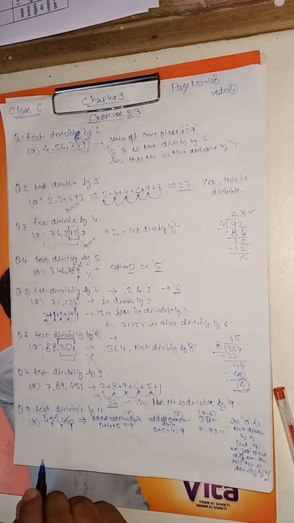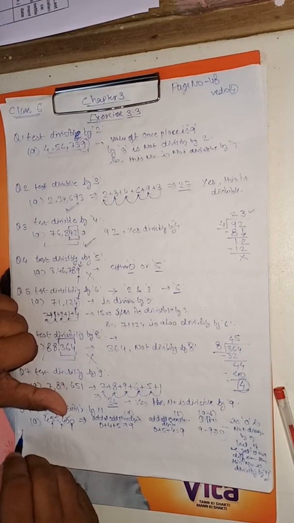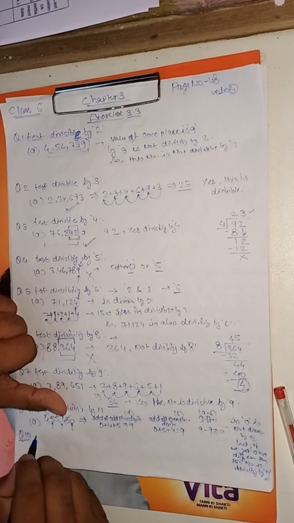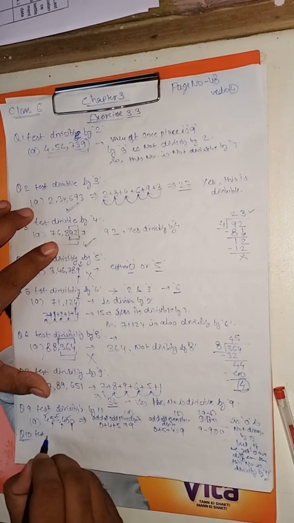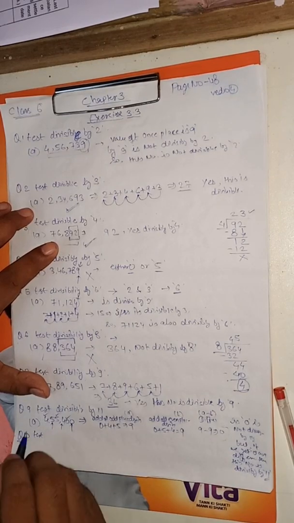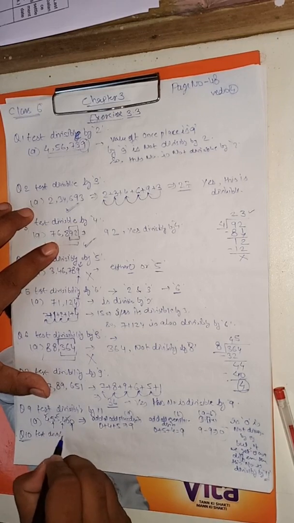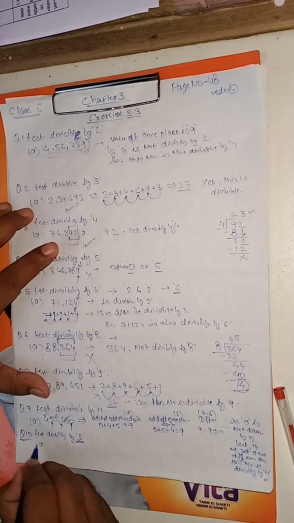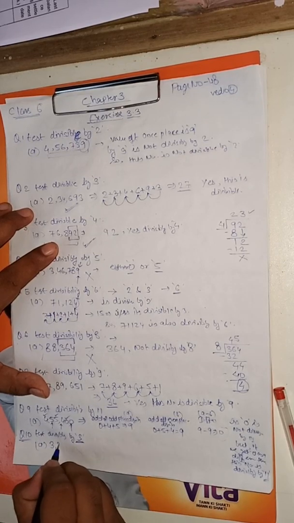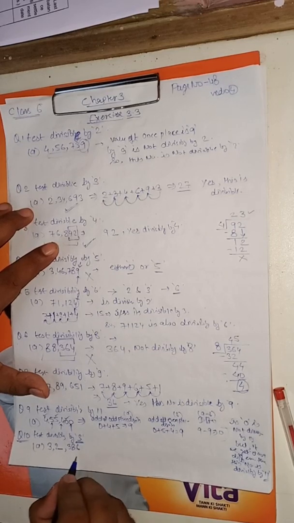Okay, now we will do our question number 10. Question number 10 is saying to test divisibility by 3, and here we need to find the missing number in this place value. What is this place?